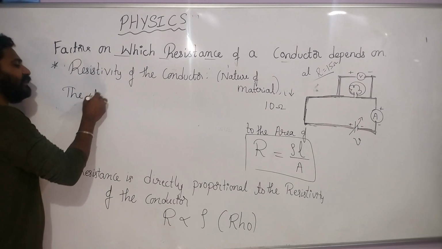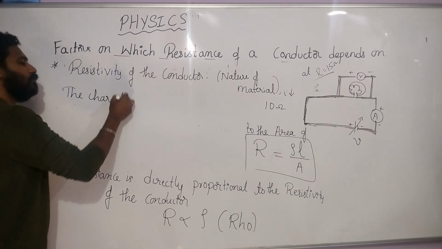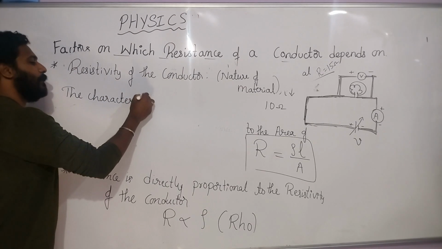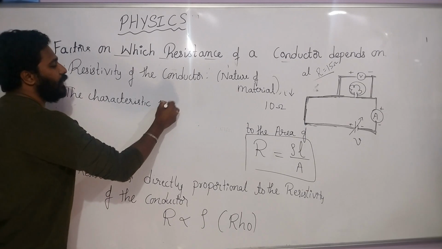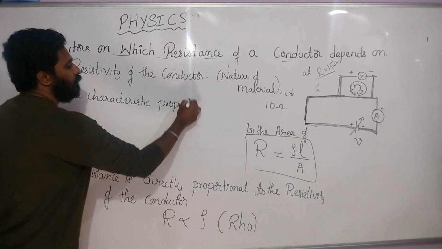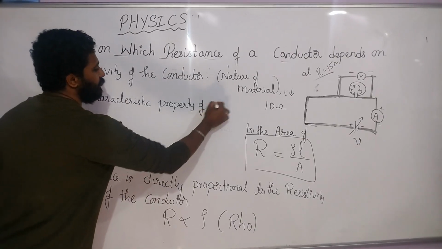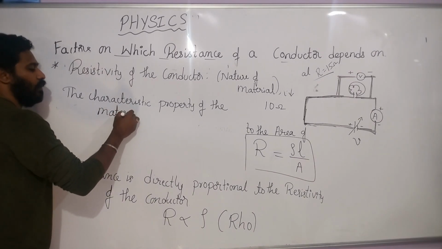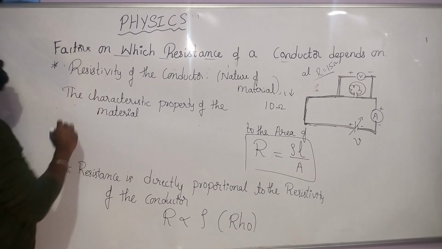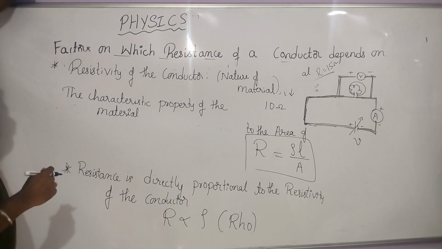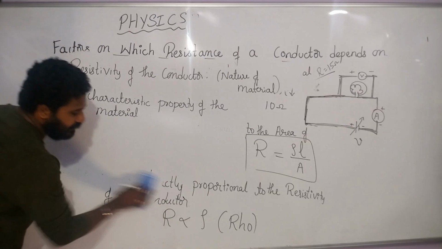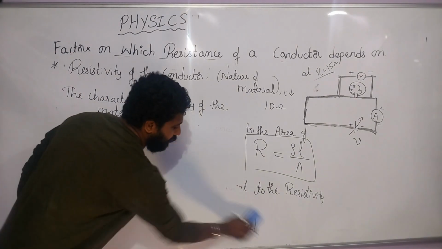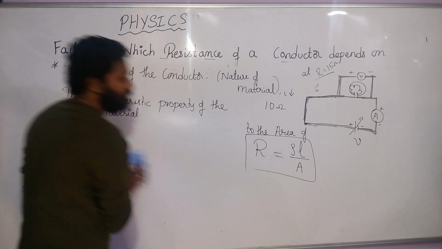What is resistivity of the conductor? The characteristic property of the material. If they ask you, the characteristic property of the material is called resistivity.